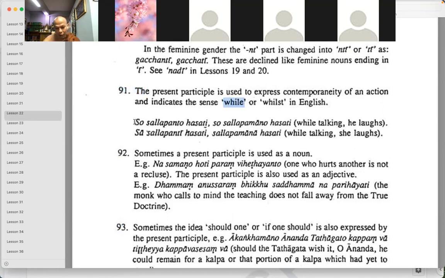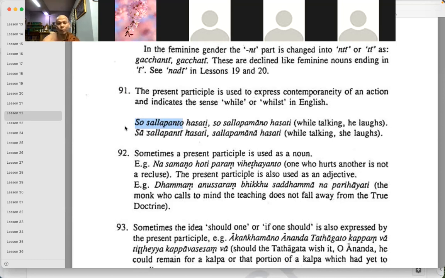Here, so is the subject and salabando is the present participle. If we put salabando before so, it is, he who is speaking, as a modifier. But actually salabando is also related to so, because they have the same case ending: nominative singular.